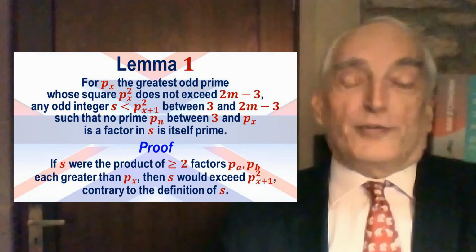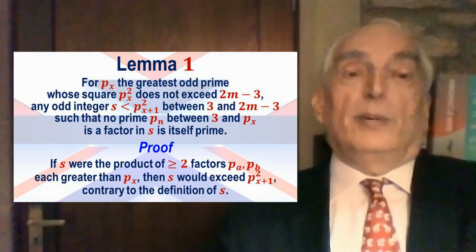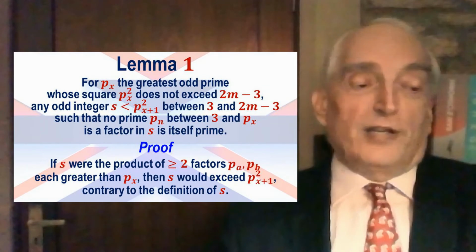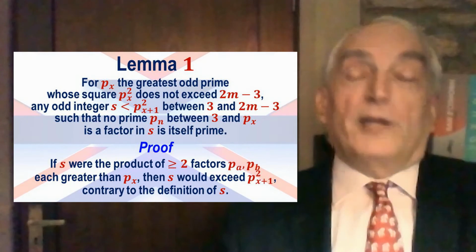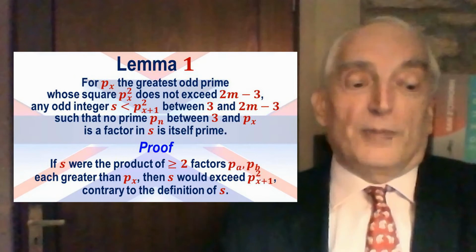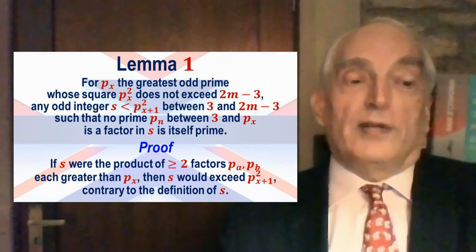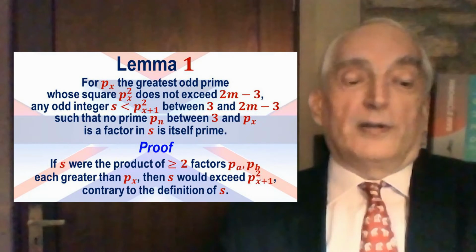And if S were the product of two or more factors, PA and PB, let's say, each greater than PX, then S would exceed PX plus 1 squared, and that's contrary to the definition of S. That's why that lemma is true. If any prime Pn all the way up to Px divides S, then S is not prime.